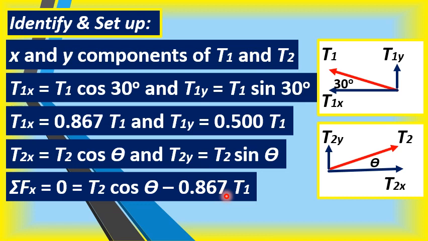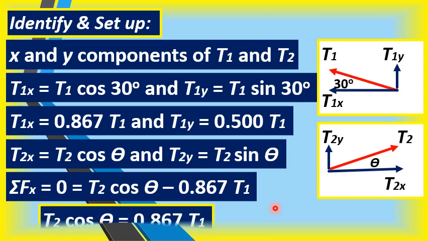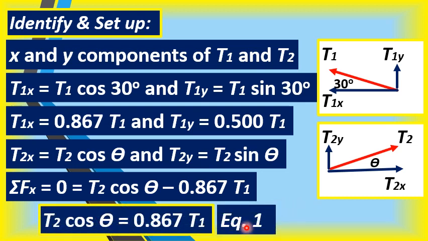Simplifying, we have equation number 1, which relates T2 and T1. That is, T2 multiplied by cosine of the angle theta is equal to 0.867 times T1.